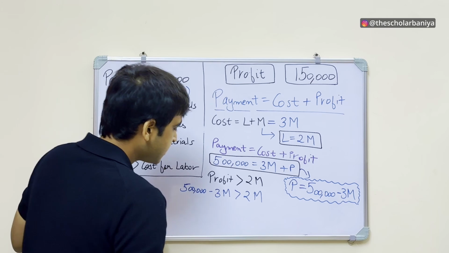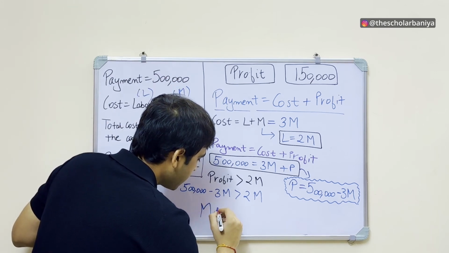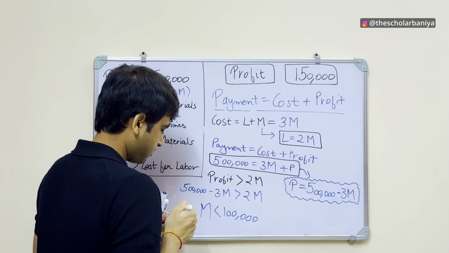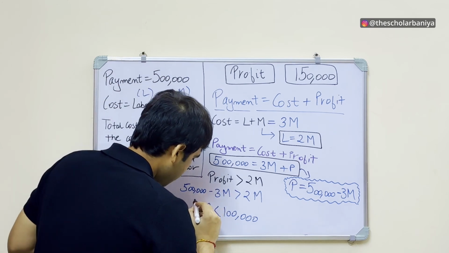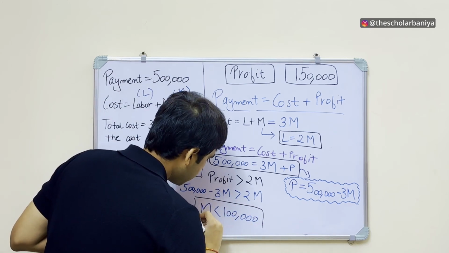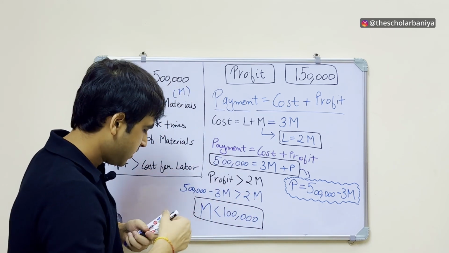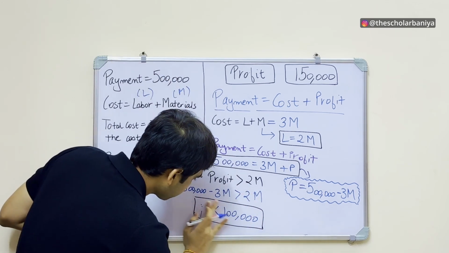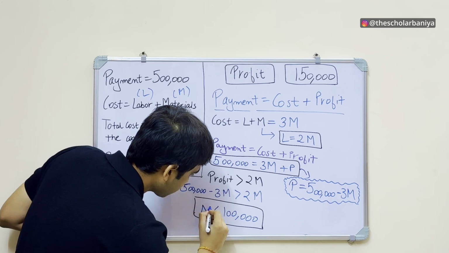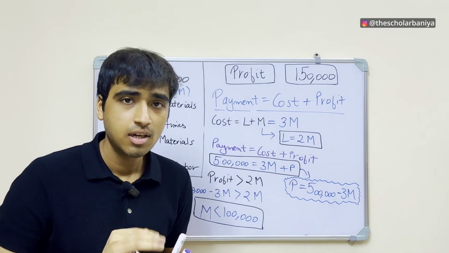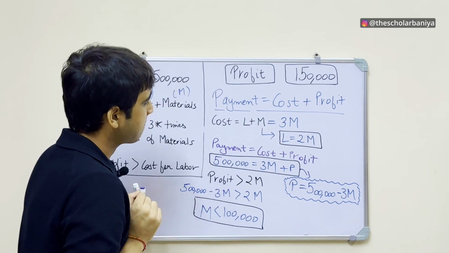So if you solve this, you will get M is less than 100,000. So this is one of the most important things that you have derived over here, that the value of M is less than 100,000. I hope this is clear, right? Okay.